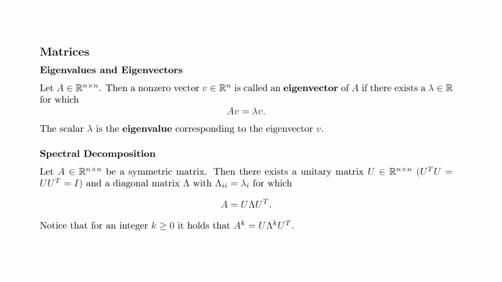The spectral decomposition of A is defining U to be a matrix with the eigenvectors of A as its columns, and lambda to be the diagonal matrix with the eigenvalues of A on its diagonal. The eigenvalues on the diagonal of lambda will be sorted by the largest in the top left corner and the smallest in the bottom right, and the eigenvectors in U would be ordered to match their eigenvalues in lambda.